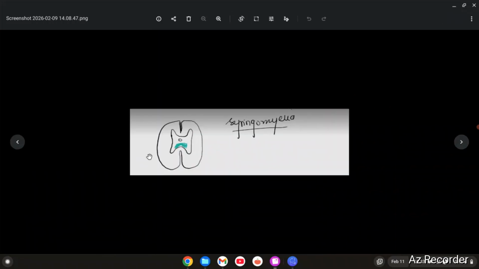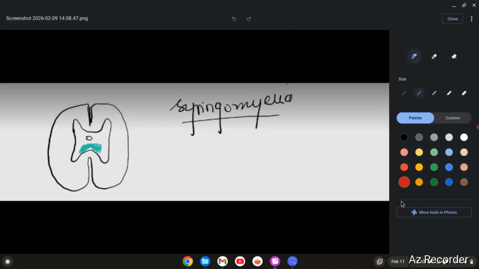It's this one. If you have the involvement of your anterior white commissure, now I told you that the dorsal horn contains the sensory neurons, and they are actually the neurons which will make your spinothalamic tract, and the spinothalamic tract carries pain and temperature.